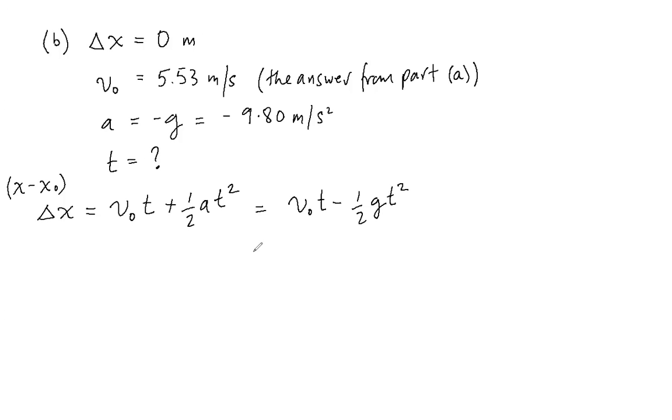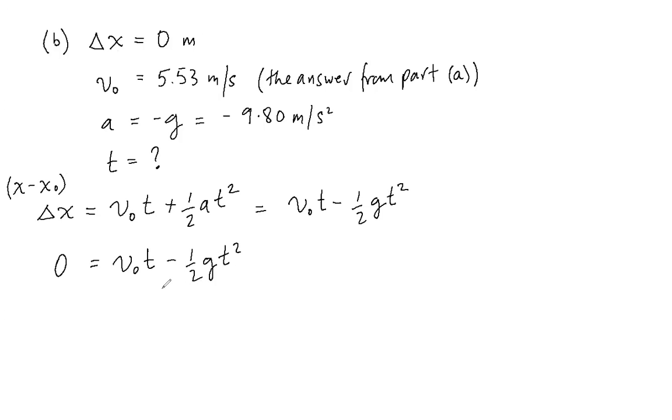And so the delta x is 0 because it went up and came back to where it started from. So what we're getting at is we've got 0 is equal to v0t minus 1/2 gt squared. And we're solving for t.